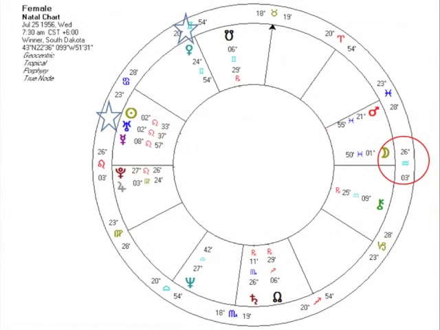Now, what gets to be an interesting dynamic for this chart in the 7th house is while we have Aquarius on that seventh house cusp, and I want to be high-minded, I want to be friends, I want to communicate, I want everything to be equal, Aquarius can sometimes have a little bit of that standoffishness.